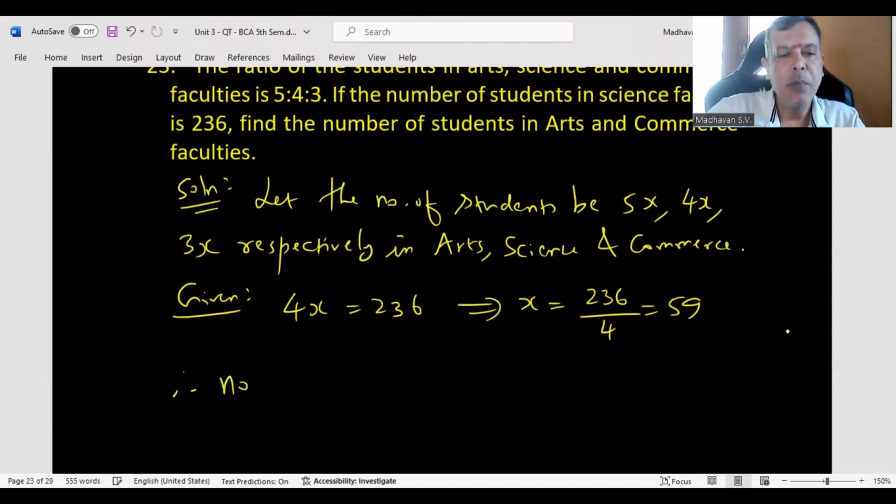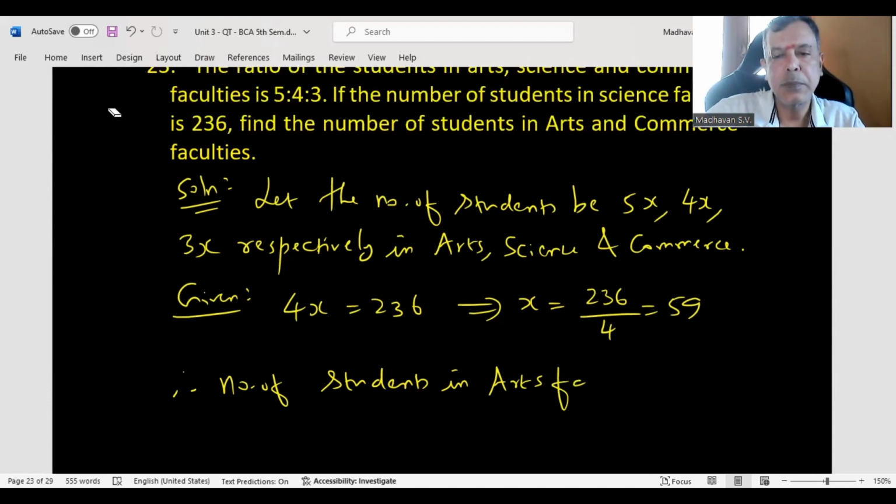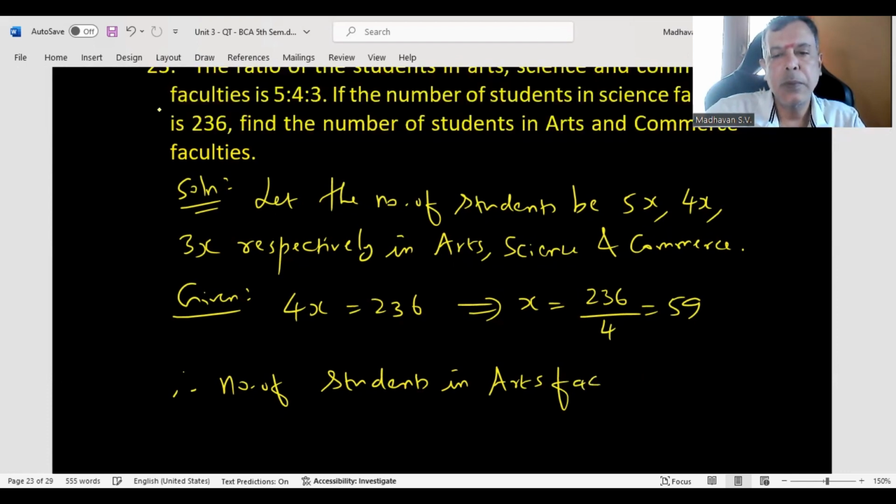Therefore, number of students in arts faculty is 5 times 59, and that will be 295.